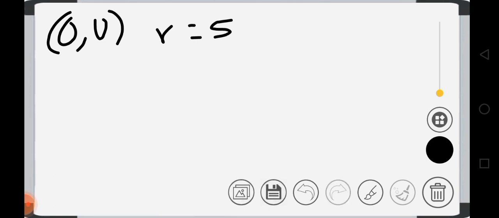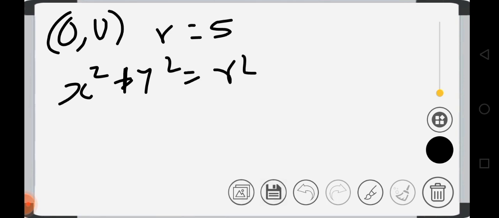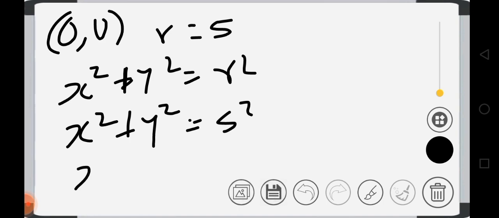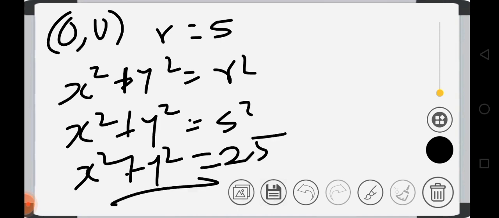Remember I told you the equation of a circle whose center is at the origin is given by x squared plus y squared equals r squared. So we have x squared plus y squared equals 25. This will be the equation of that circle.